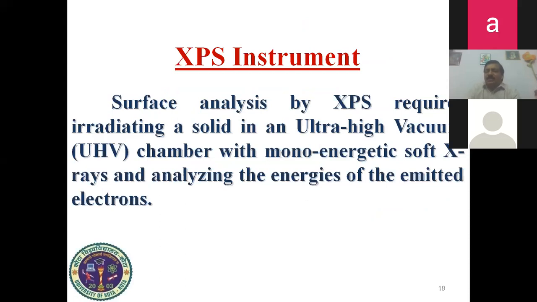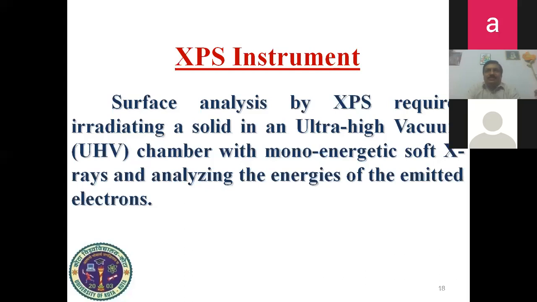Initially, the sample is cleaned by scraping or by sputtering or by heating, so that the monoenergetic soft X-ray should not deviate from its path and reach the sample surface. And the ejected photoelectron should not have any scattering with the air molecules.